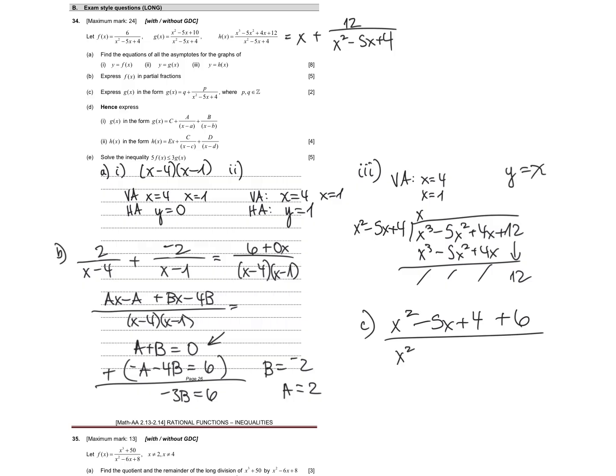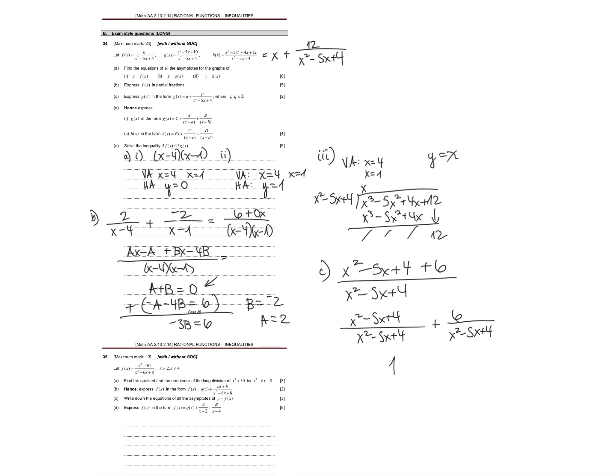And then we'll have x squared minus 5x plus 4. Now we can split the numerator up. So it's going to be x squared minus 5x plus 4 over x squared minus 5x plus 4 plus 6 over x squared minus 5x plus 4. So we're going to have 1 plus 6 over x squared minus 5x plus 4.